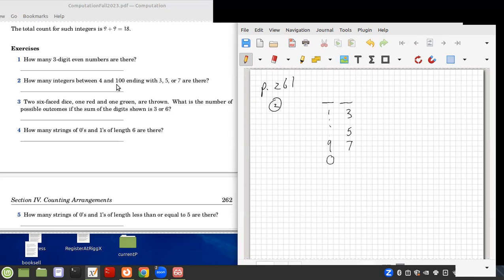But then the problem is that if we have a 0 here, this isn't quite right, because we don't have a 3, right?